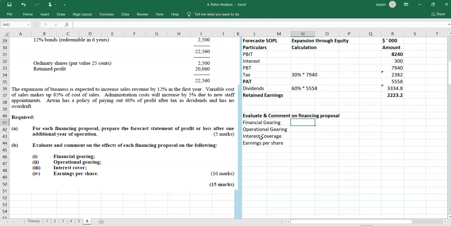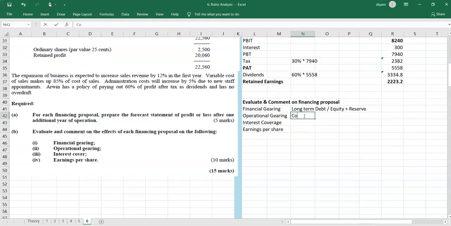Let's get the formulas here. Financial gearing is very simple. It's long term debt divided by equity plus reserve. Operational gearing is again quite simple. It will be contribution divided by PBIT.